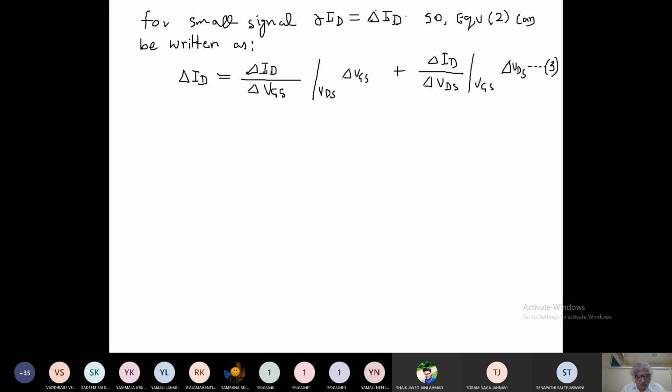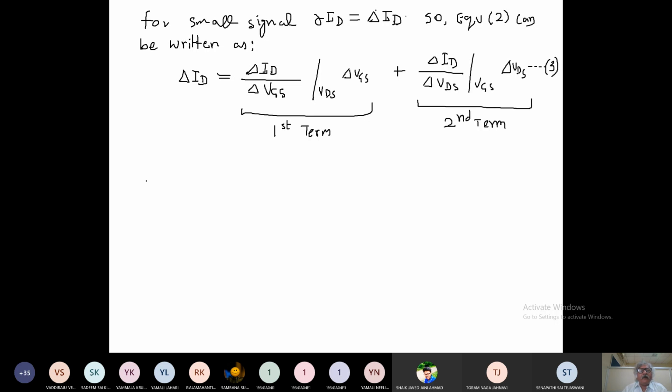Now you can see there are two terms. This is my first term, and this is my second term. In total there are two terms, right?